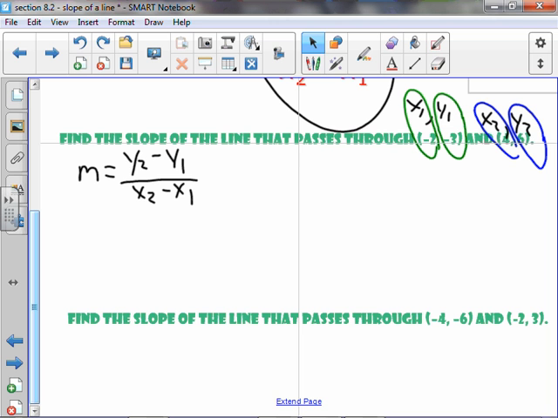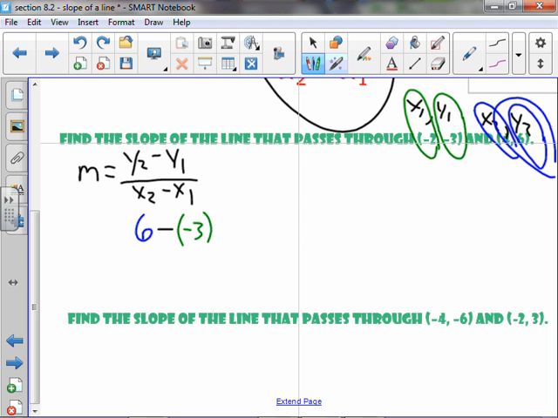I know that y2 is going to be 6, because that's what it is right over here. So I get 6 minus y1, which is -3. So here's where you need to be careful. It's not -3, it's minus -3.